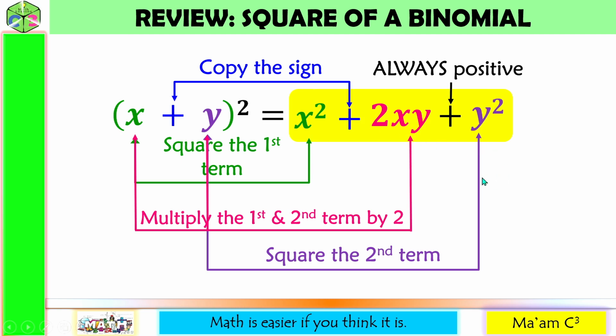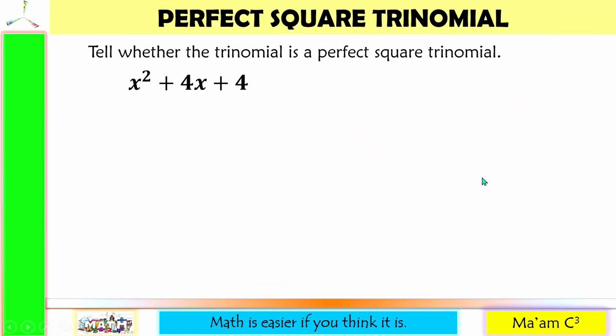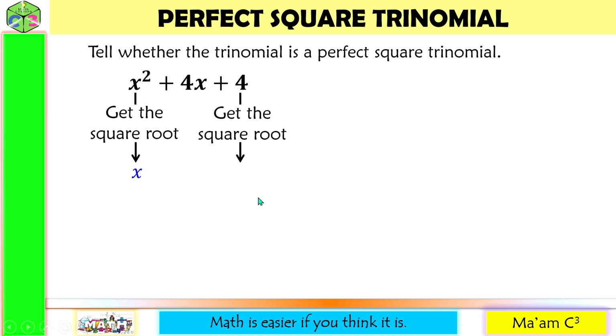So how do we know if a trinomial is a perfect square? Here are the steps. First, get the square root of the first term. So the square root of x squared is x. Next, get the square root of the third term, and the square root of 4 is 2. And then let us multiply these two. This will give us 2x.